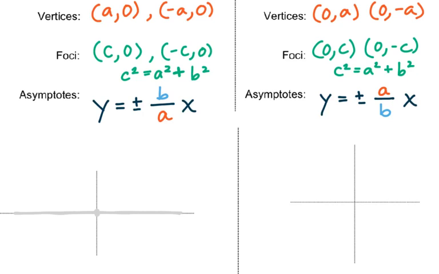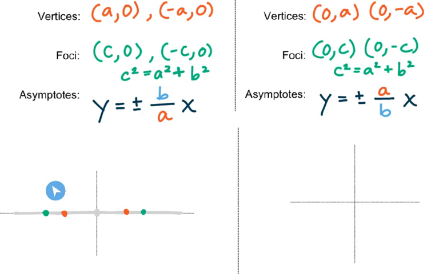My vertices are going to be A units out to the left and right. And my foci, since my foci have a plus in them, that number is actually going to end up being bigger and they'll be further out to the left and right on either side. The hyperbola will pass through the vertices and wrap around the foci. They focus their attention about the foci.